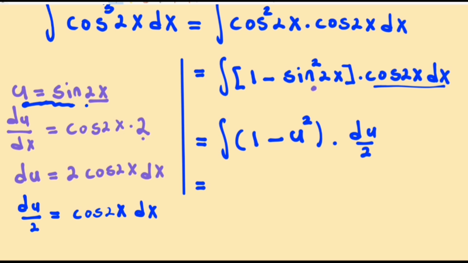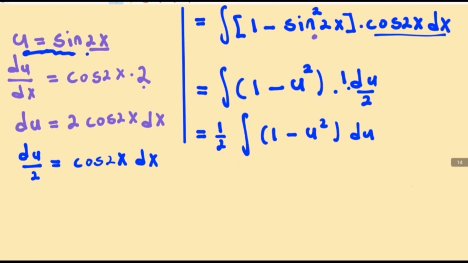So we can push that half out of the integral, and we'll have the integral of 1 minus u squared du, and this will be equal to half multiplied by the integral of 1 with respect to u, which will be equal to u, and the integral of negative u squared with respect to u will be equal to negative u raised to the power 2 plus 1 divided by the 2 plus 1.